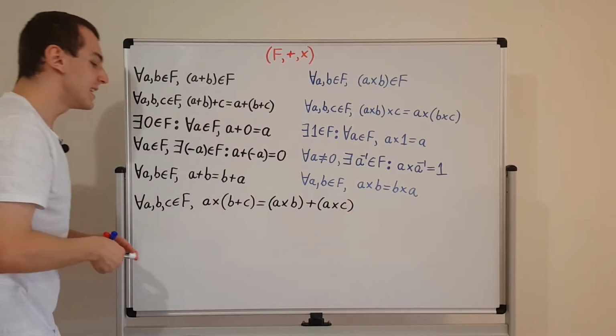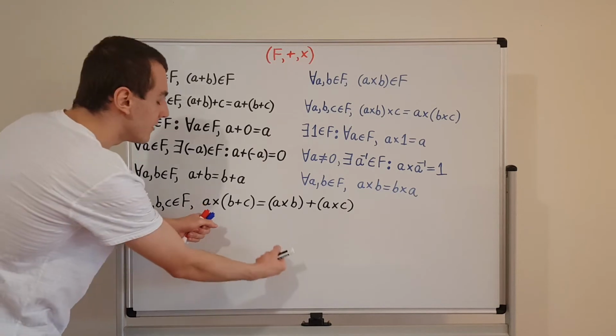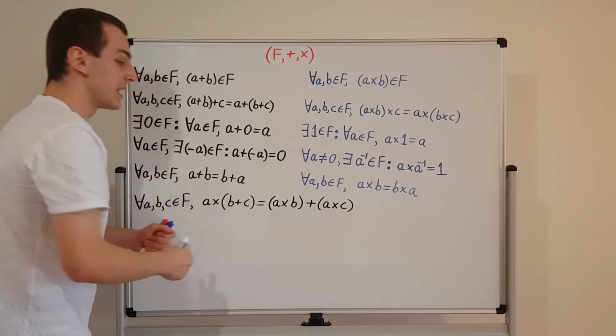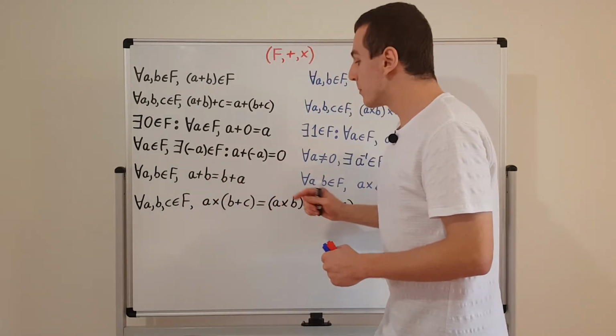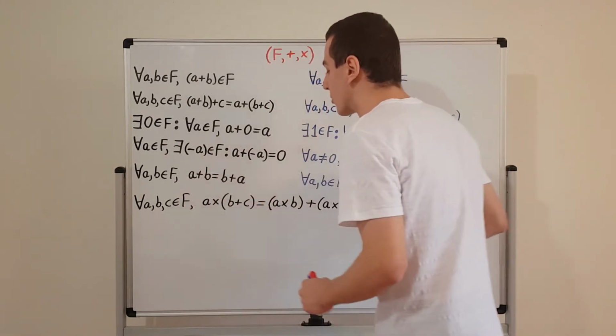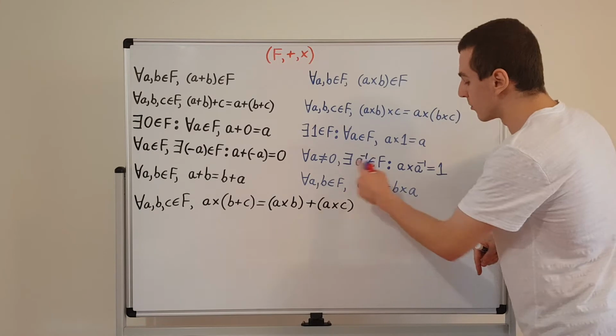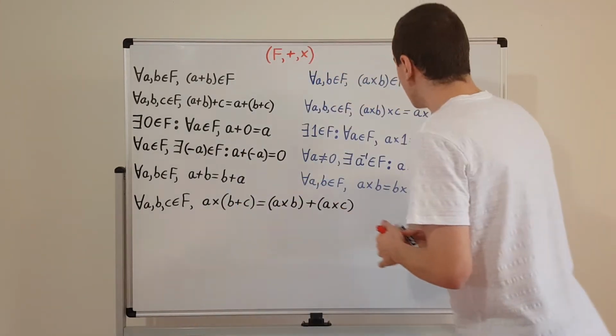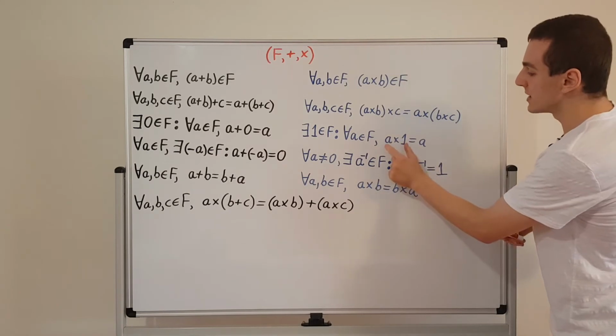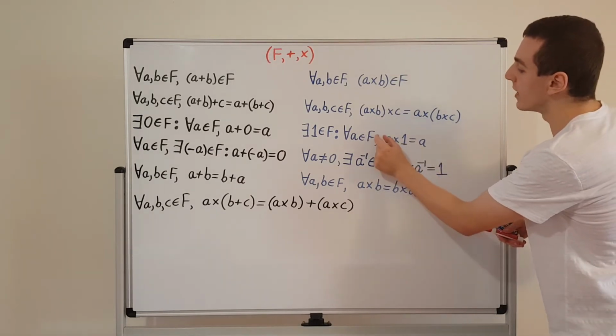And sometimes you might see distributivity from the left and distributivity from the right. So sometimes it is actually different. Sometimes these are not the same statement. But because we have commutativity for addition and commutativity for multiplication, it doesn't matter. The order does not matter. And alternatively, sometimes in these definitions, you can see this swapped around. You can have the 1 specifically put here.